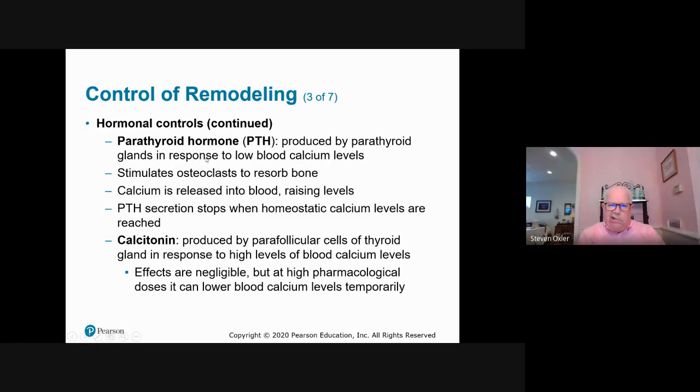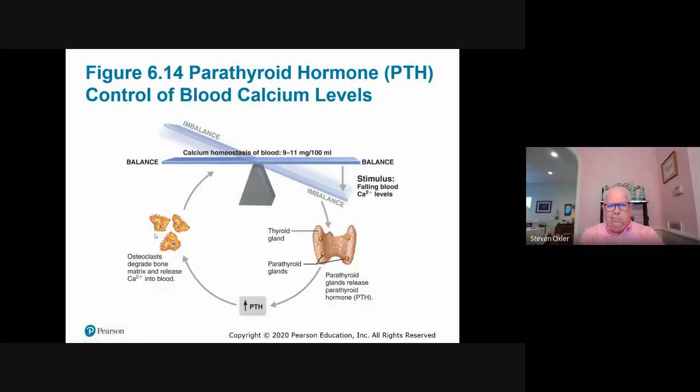If you have too much calcium in the body, calcitonin will lower your calcium levels. So that's what you have to know. You have to know that parathyroid hormone raises calcium levels, calcitonin lowers it. And there's a balance, of course.